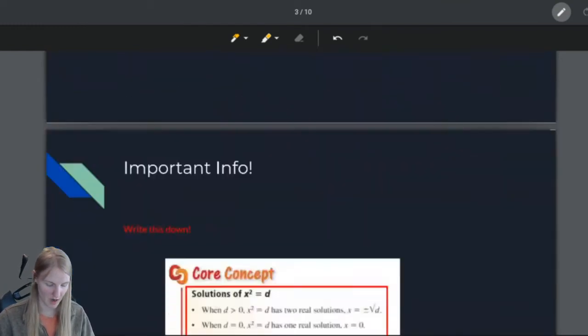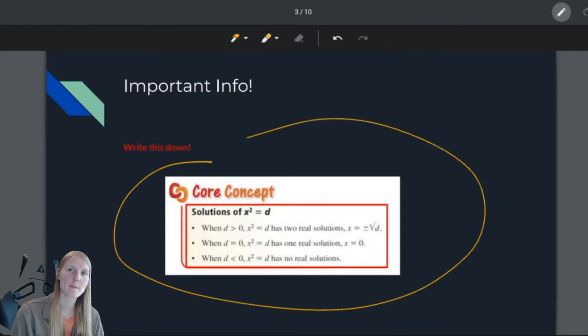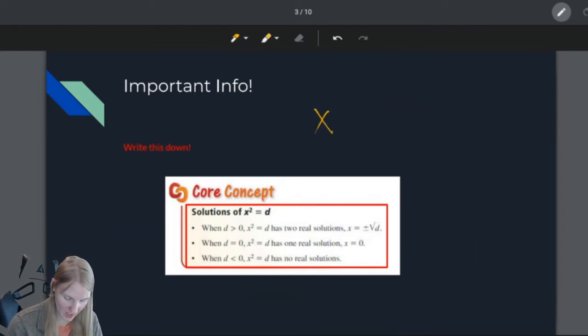So, first things first. Write this down, please and thank you. If we have x squared equals a number, in this case we're calling it d. So if x squared equals d, if d is positive, oh, that is weird how I spaced that.